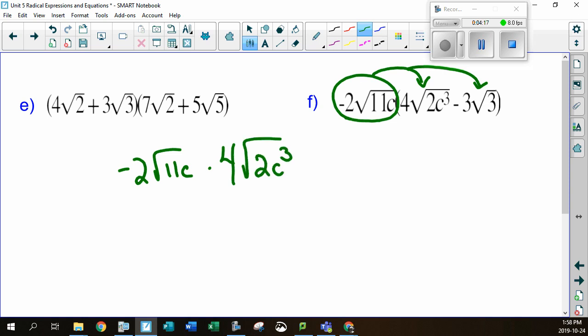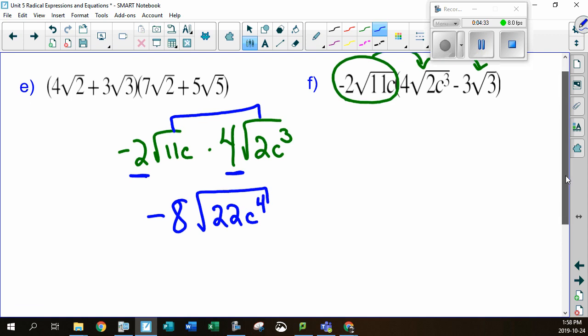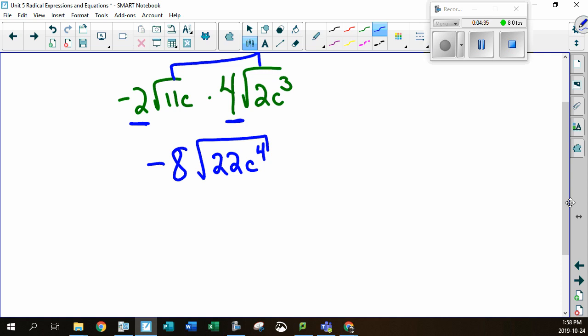Okay, there you've got it. Numbers times numbers, so that's going to give you minus 8, right? And then the radicals times radicals, which gives you the square root of 22c to the 4. Before we even multiply that other one out, let's simplify this as much as we can. Can you break down the 22?